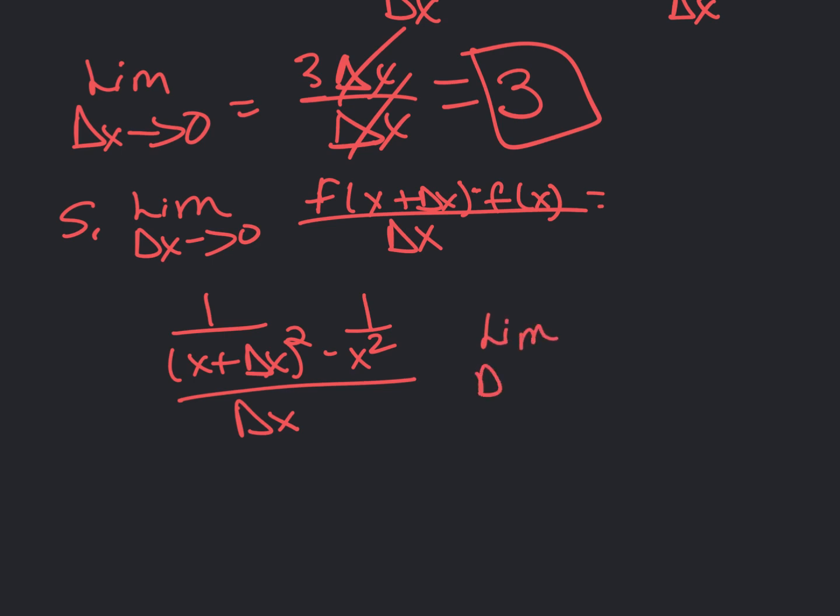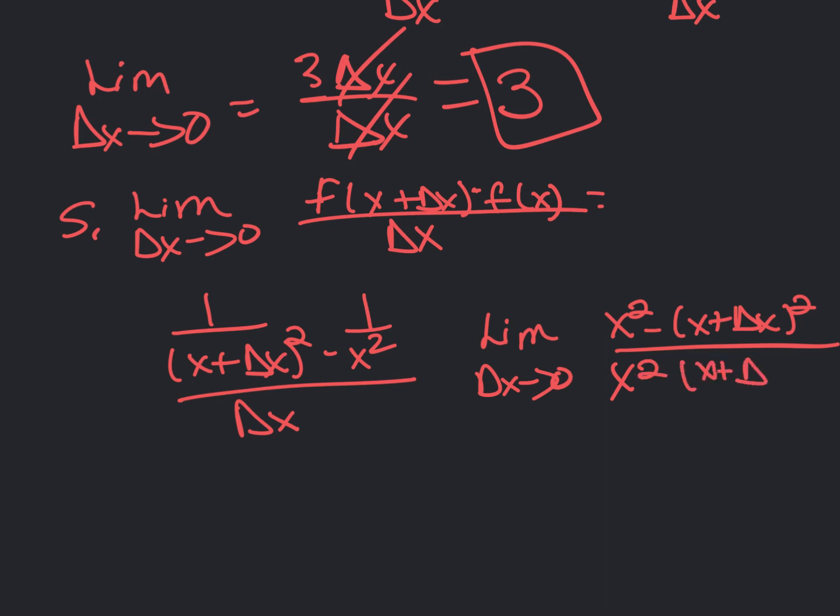Do the limit as delta x goes to 0 again, which will be x squared minus x plus delta x squared over x squared times x plus delta x squared, over delta x.